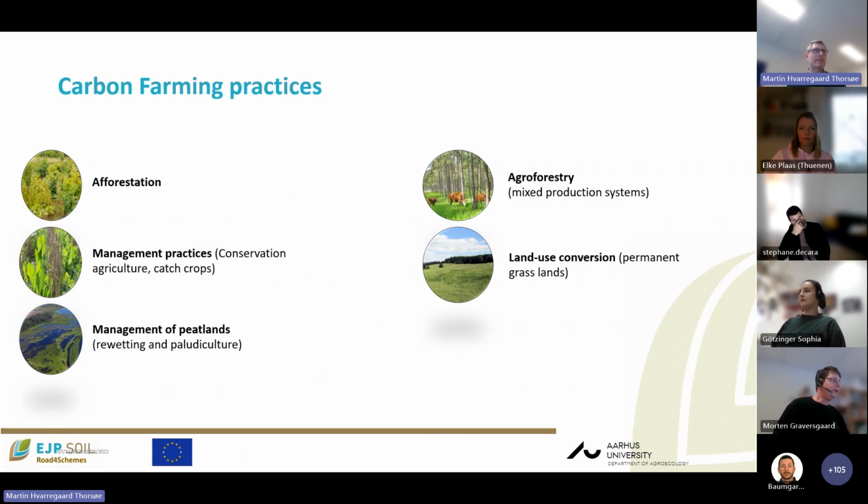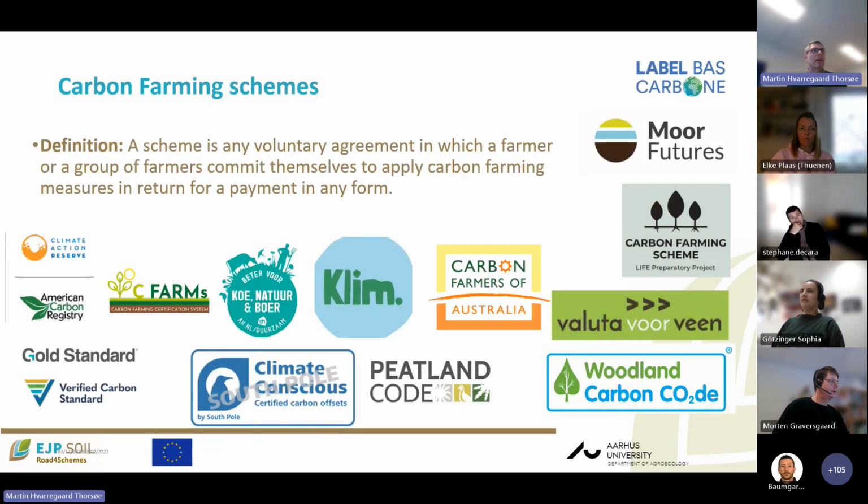And these are some of the practices that can be considered under this carbon farming umbrella. And when we talk about schemes, we define schemes as any voluntary agreement in which a farmer or a group of farmers commit themselves to apply carbon farming measures in return for a payment or a reward in any form.